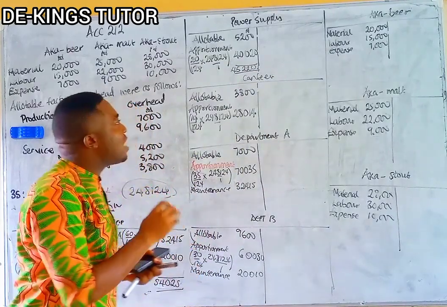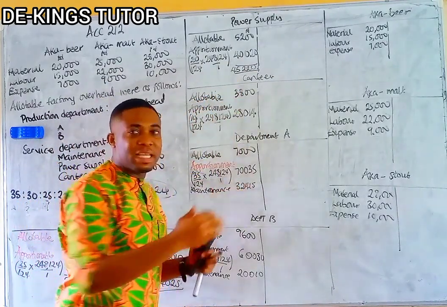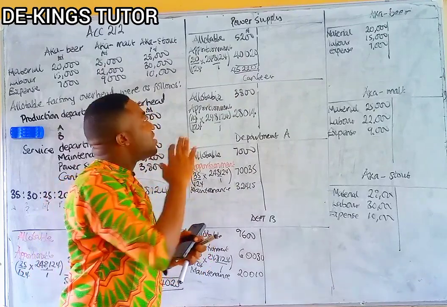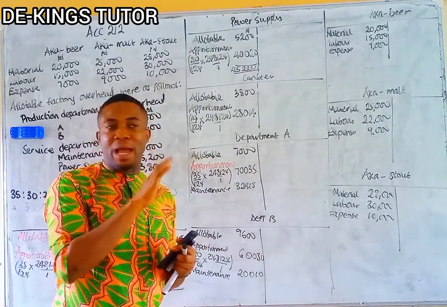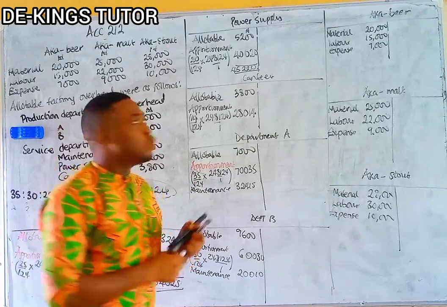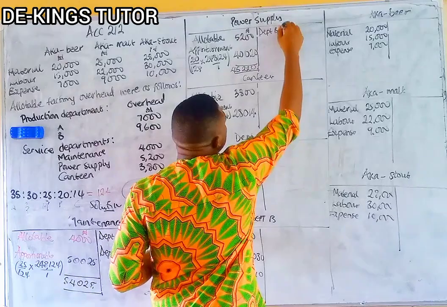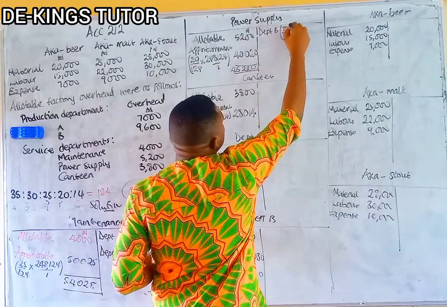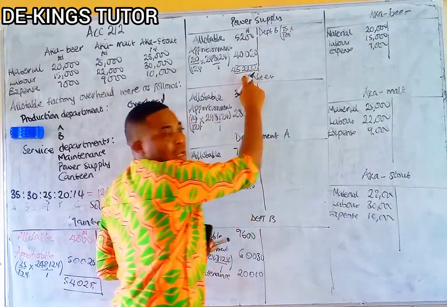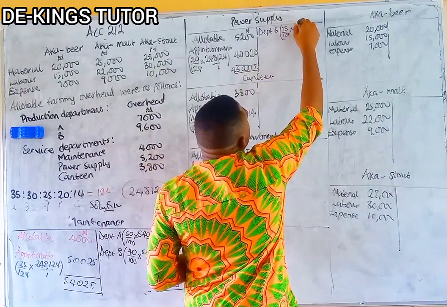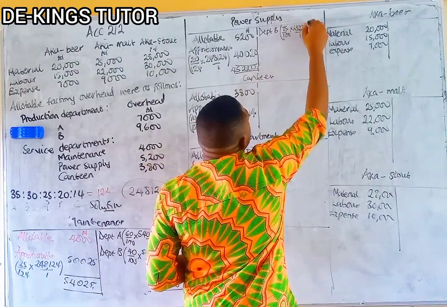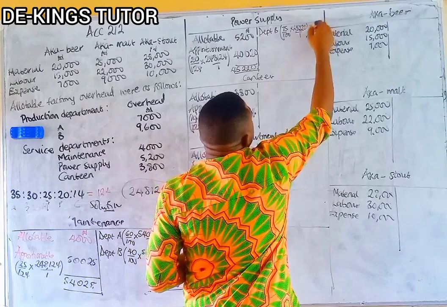So they said 75% of the expenses of this power supply was used by department B. So we'll come here and we'll say department B 75, which is 75 over 100 times this total. Which is what? 45220 over what? So what do we have?